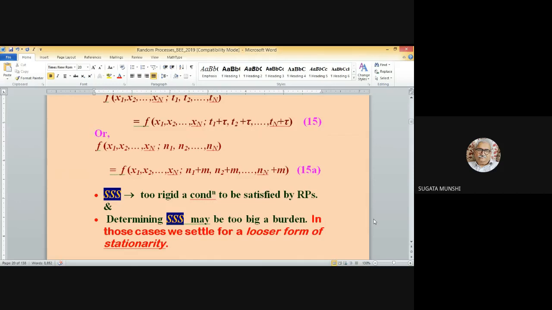Therefore, we have to settle for a somewhat relaxed, or looser, definition of stationarity.